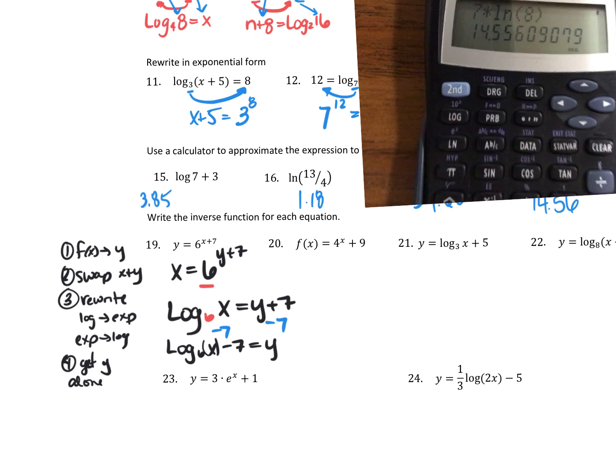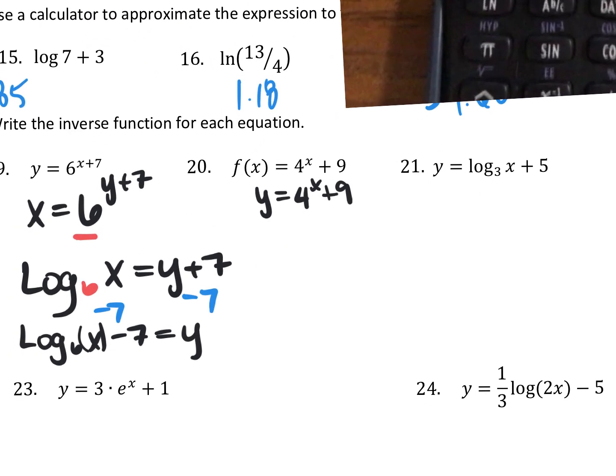Number 20, change the f of x to y, 4 to the x plus 9. Swap your x and y. X equals 4 to the y plus 9. Now, 9 is not in the exponent, so I'm going to move it first. I'm subtracting the 9 because it's not up in the exponent.